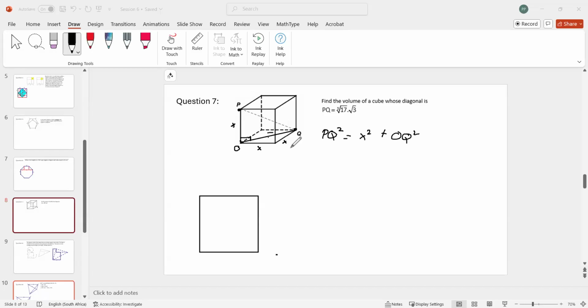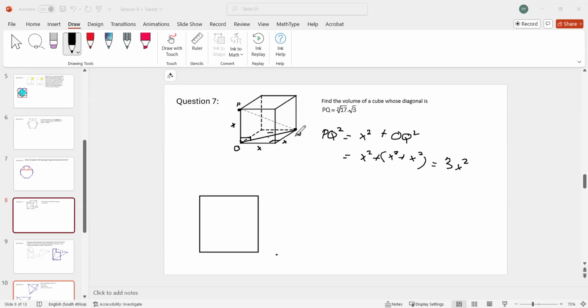But if you look at OQ squared, OQ is a hypotenuse of another right angle triangle on the floor, because this is a square at the bottom. So OQ squared is x squared plus x squared, because it's a diagonal of the square on the floor. So in the end, you get 3x squared.